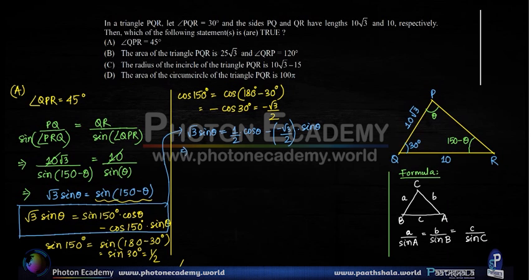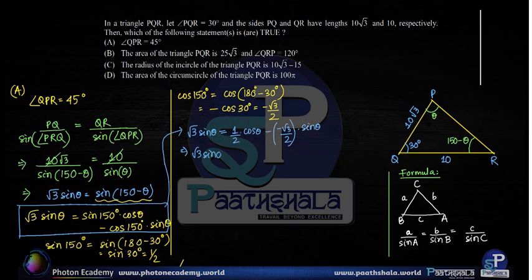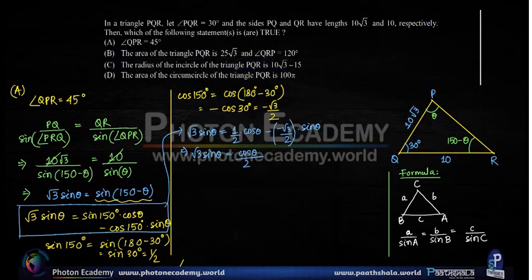This is a normal question and can be solved by just normal addition and multiplication. That implies root 3 sine theta equals cos theta by 2 plus root 3 by 2 sine theta. That implies the equation finally is root 3 by 2 sine theta is equal to cos theta by 2.